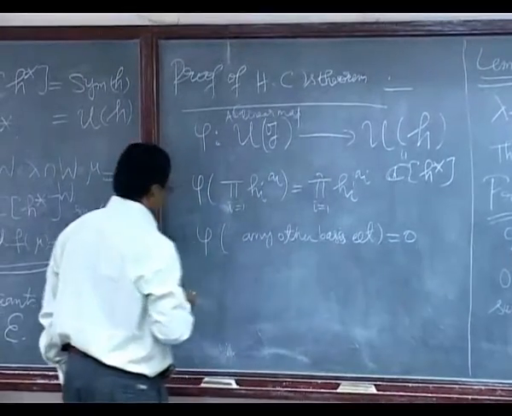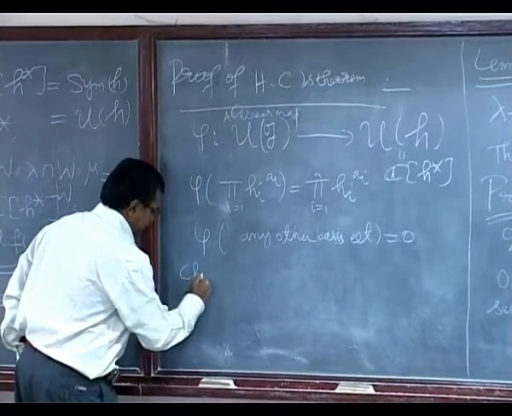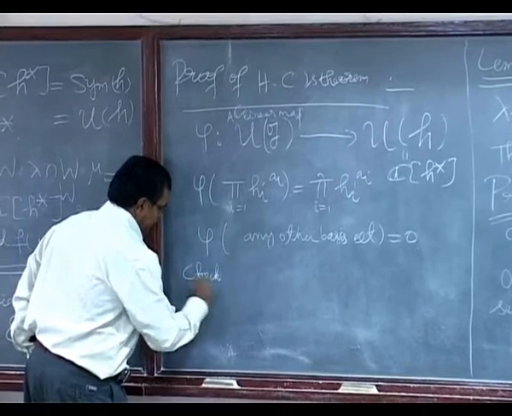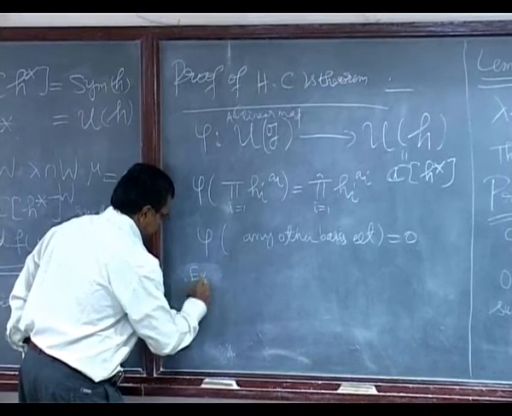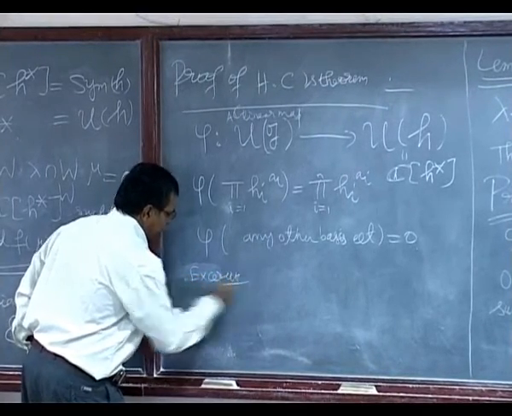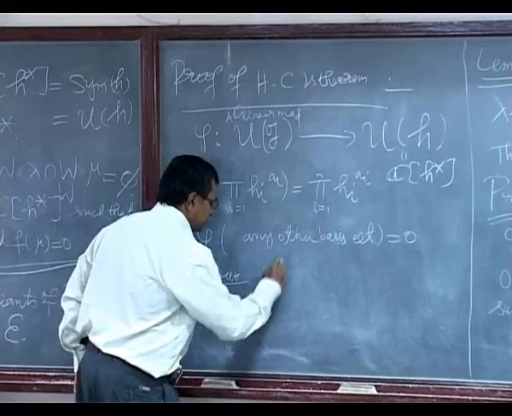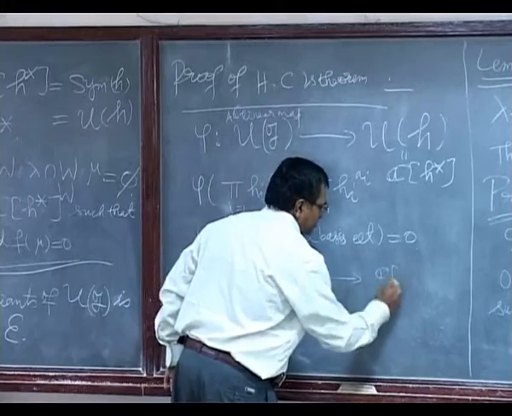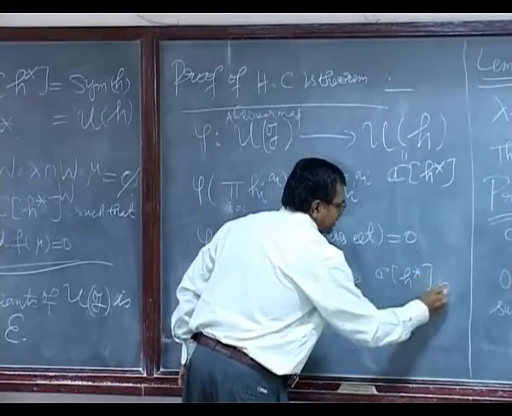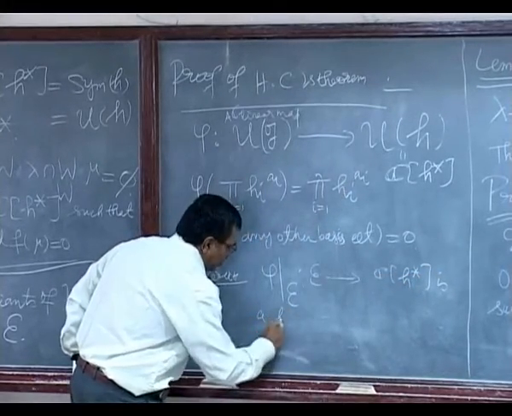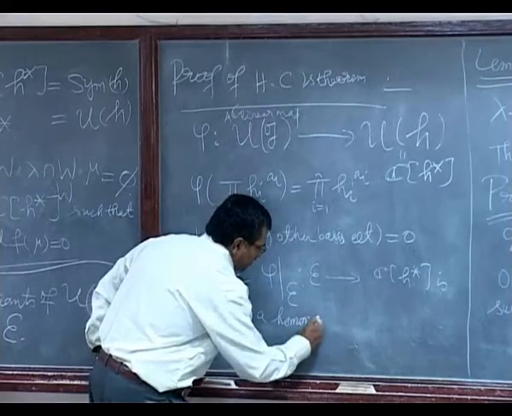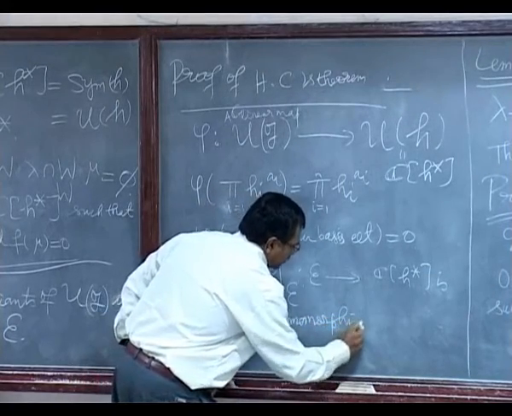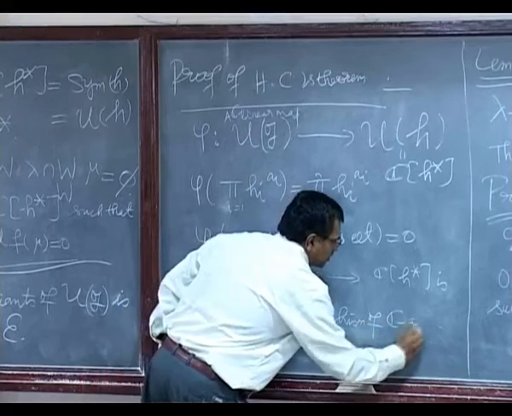Now I leave it as a small exercise, which is not hard, I think, that the restriction of phi to the center epsilon is a homomorphism of C-algebras.